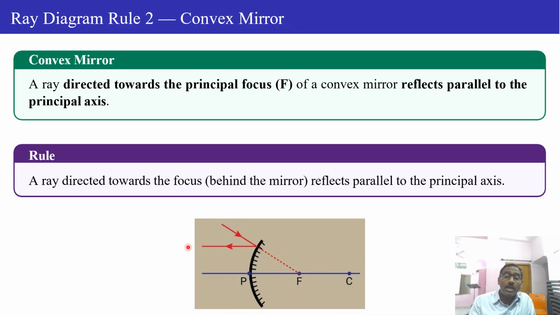Whenever a ray falls on the mirror, the ray which is coming towards the focus reflects parallel to the principal axis. So a ray directed towards the focus, here, reflects parallel to the principal axis.